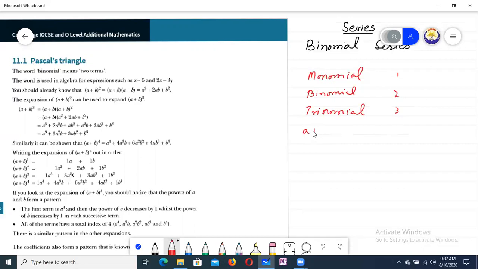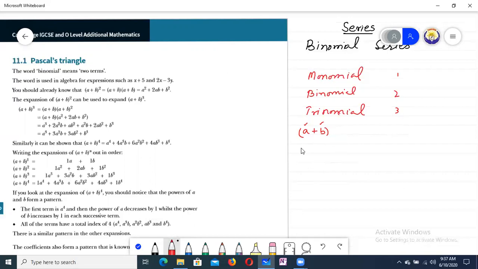You are familiar with these types of terms, a plus b. Here are two terms in this one. This is the binomial expression. We cannot expand it further.